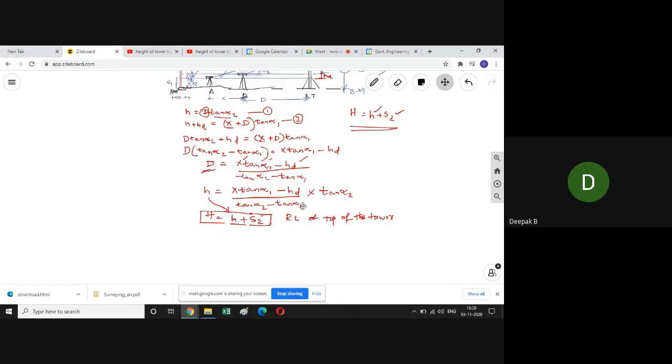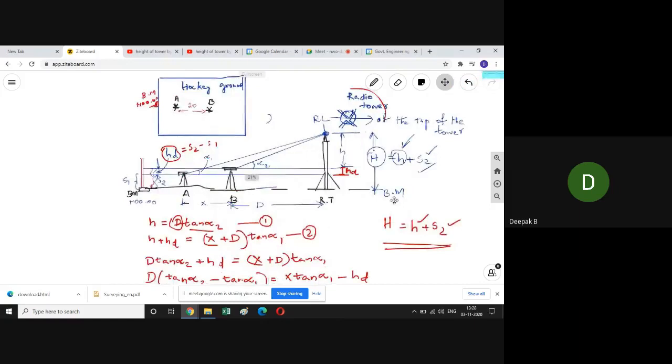You have the values, so you just have to finally add it to s2, and then you will have capital H. This h is the distance from the BM to the top of the tower. As the BM is a reduced level, you just add this to the BM and you will have the reduced level of the top of the tower. That is a simple calculation. Just directly calculate it. Okay, clear?